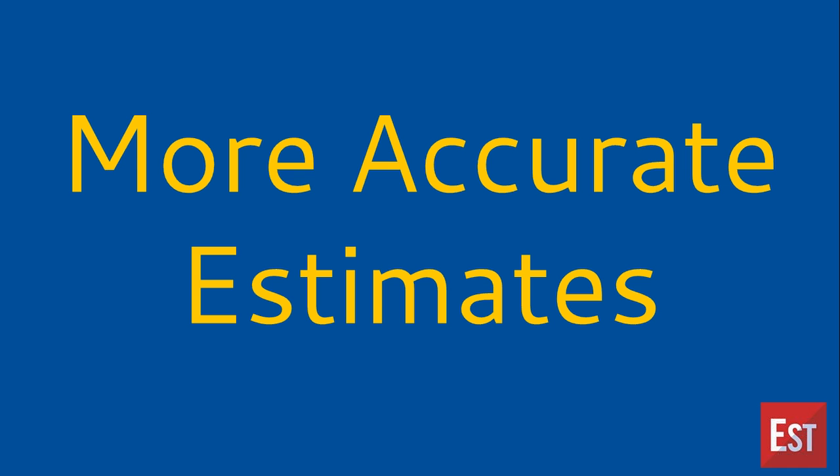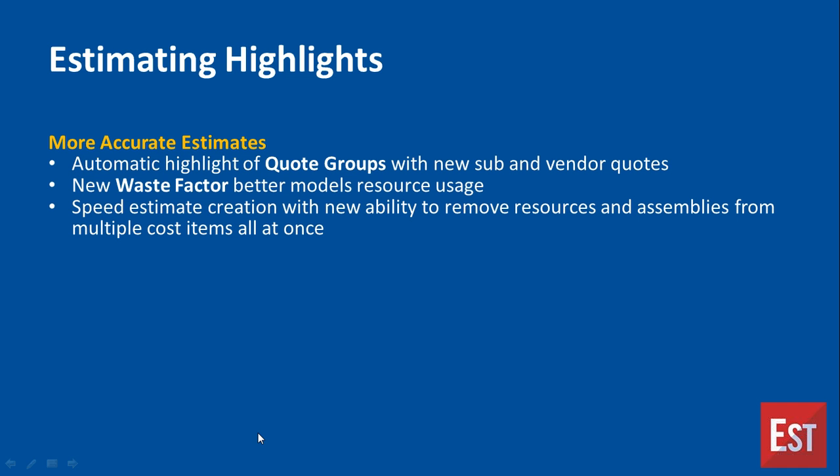The second major area of enhancements beyond connectivity is that core function of creating more accurate estimates. Now, of course, this is why many of you started using hard dollar software in the first place. And so we're taking that functionality and listening to what enhancement requests you've talked to us about and building that into the software.